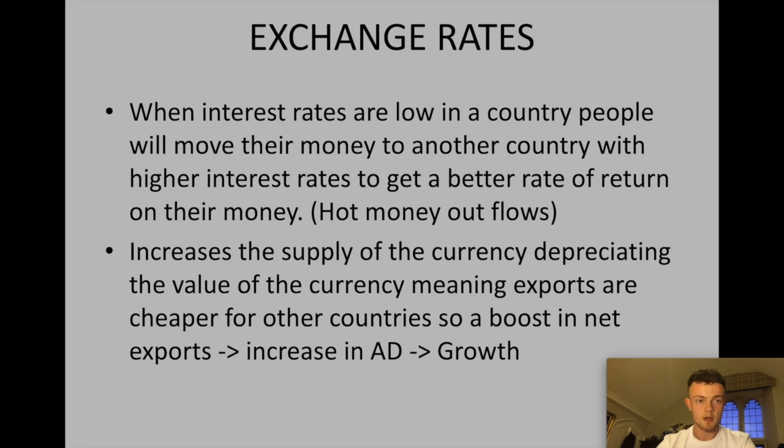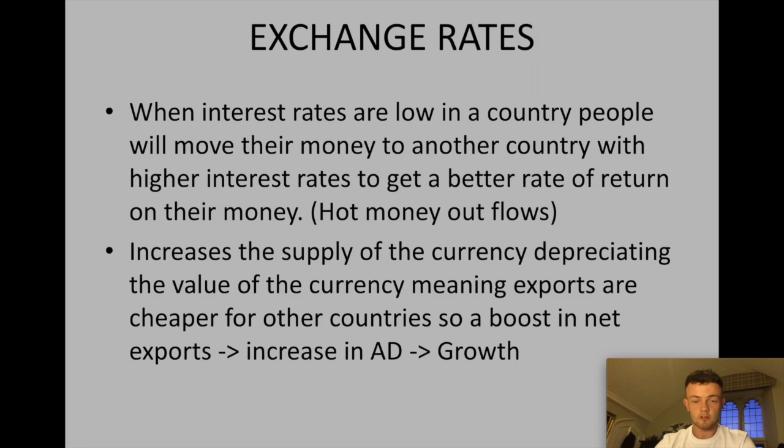Exchange rates. When interest rates are low in a country, people will move their money to another country with a higher interest rate to get a better rate of return on their money. This is called hot money outflows.